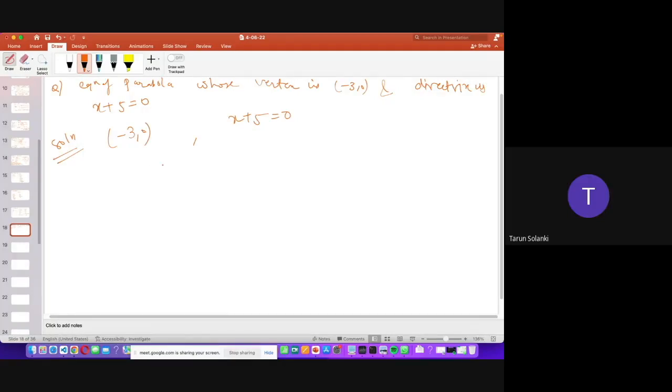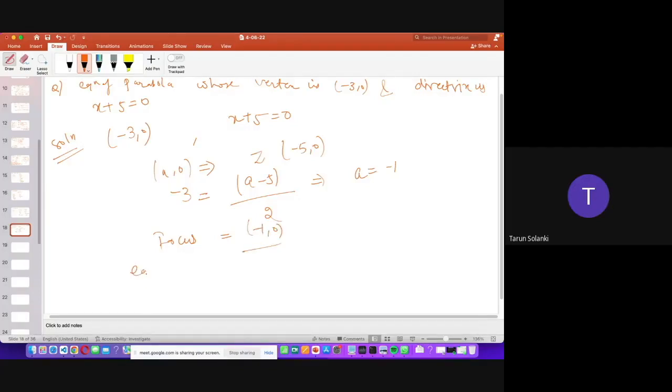So let's find the focus of the parabola first, which becomes (a, 0). Since the vertex is the midpoint of Z, which is (minus 5, 0), and focus S, minus 3 is (a minus 5) by 2. So here a becomes minus 1.